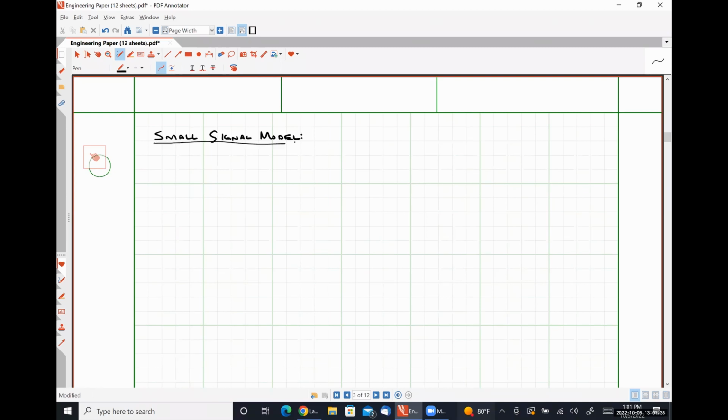Now we're going to introduce our small signal model. Here's our gate terminal. This section down here is going to be our source terminal. And then we have our transconductance, gm, multiplied by our gate source voltage, VGS.